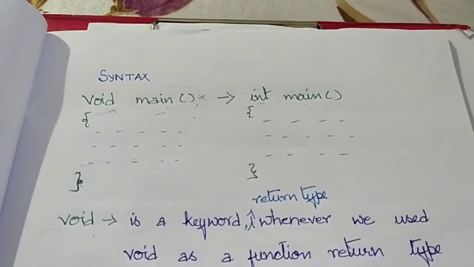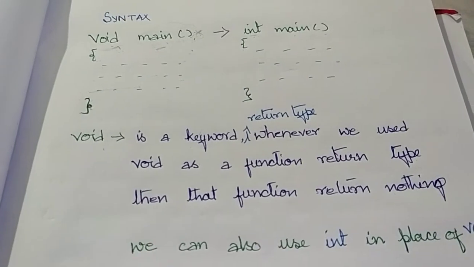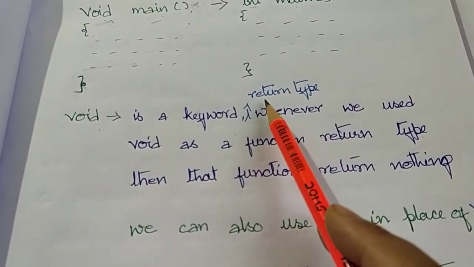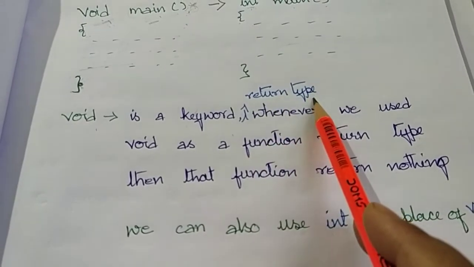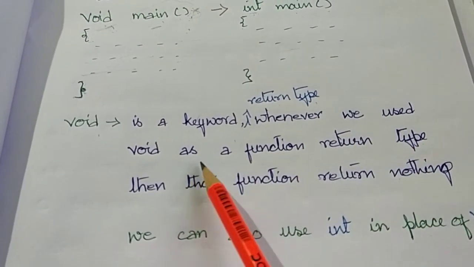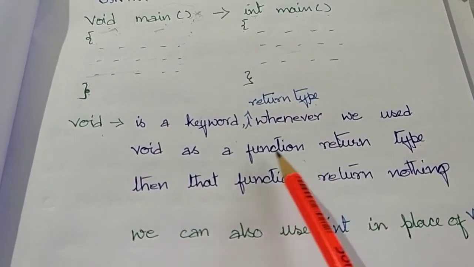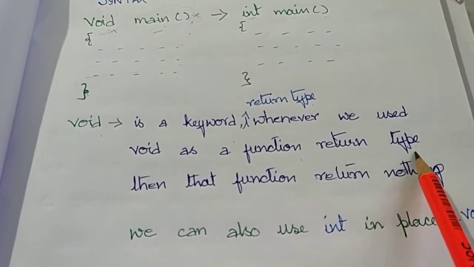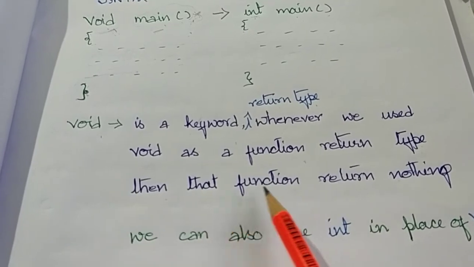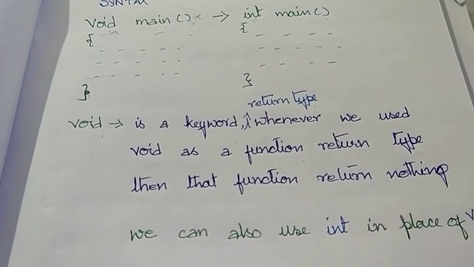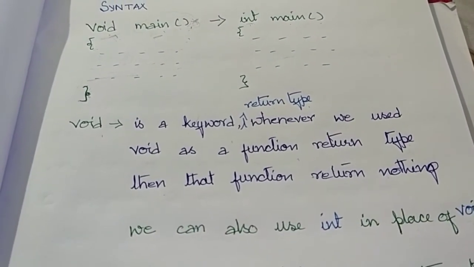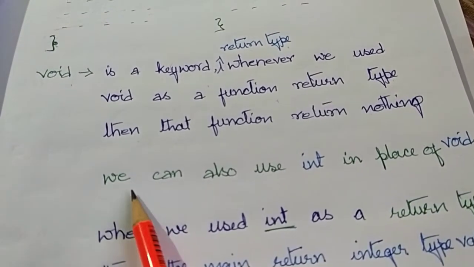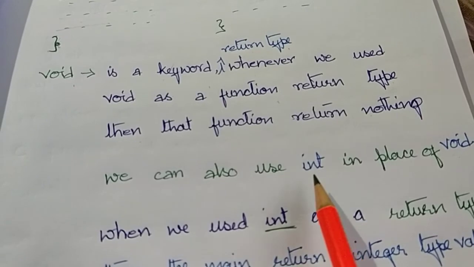So let's see what this void or int is. Void is a keyword. It is also a return type. Whenever you use void as a function return type, remember that the function returns nothing. It will not return anything. But instead of void, we can also use int.